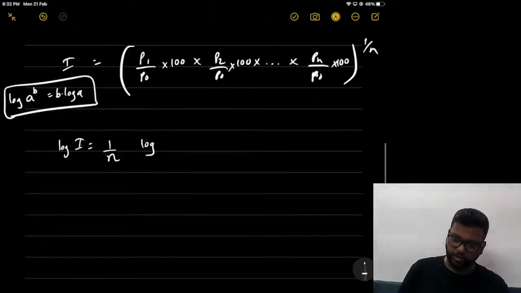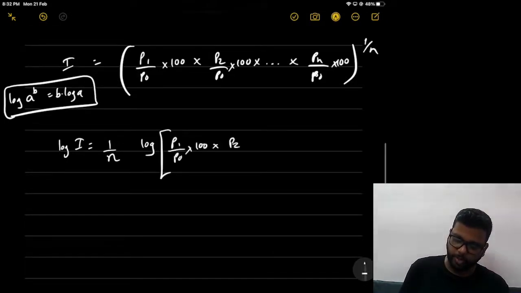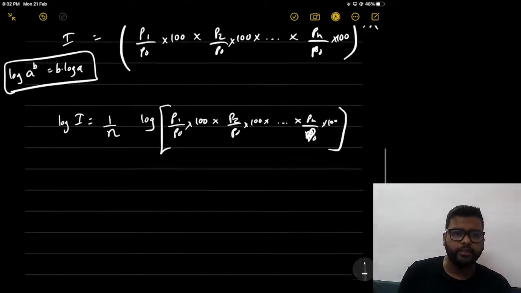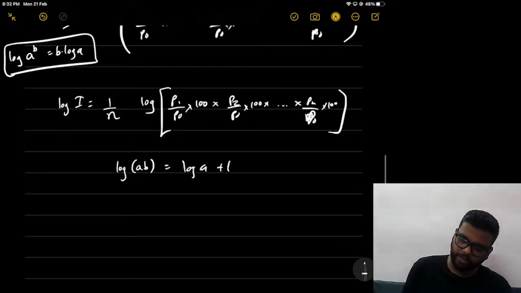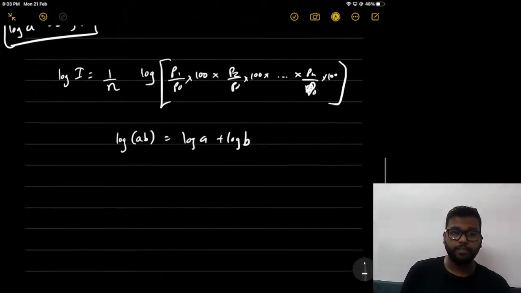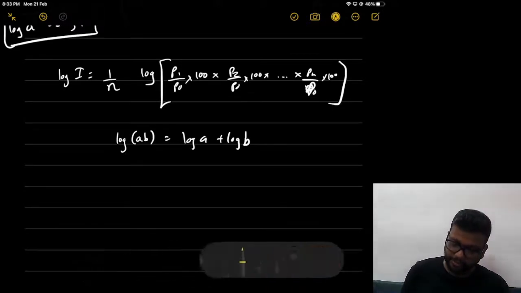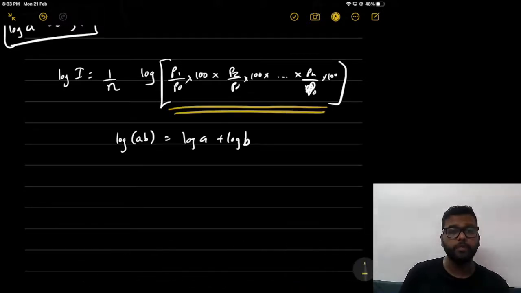Fine. So 1 by n into log of, again this P1 by P0 into 100 into P2 by P0 into 100 into up to Pn by P0 into 100. Next, now we can use this property of log. Log of A into B is equal to log A plus log B. That means in this square bracket we can separate out all the terms as plus plus plus.